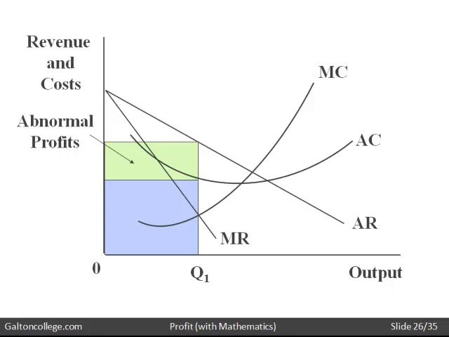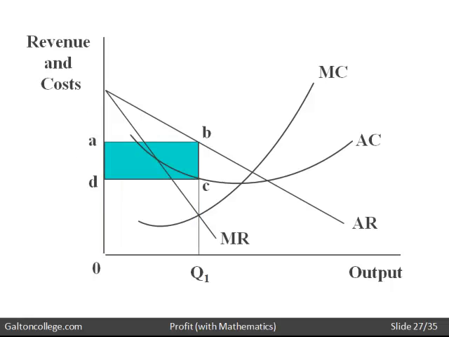Now, in this diagram here, we get more than normal profits. You can see that the light green colored rectangle exceeds the average cost curve. At Q1, it's bigger. So we have abnormal profits there. The abnormal profits is equal to that area. Now, abnormal profits signal other producers that there are abnormal profits in this particular business.